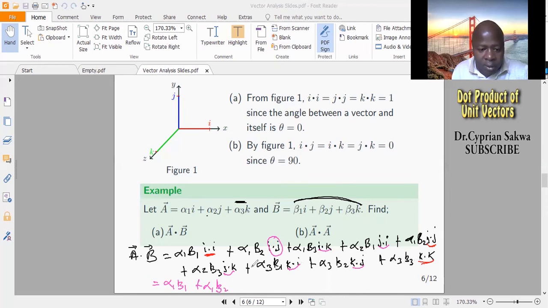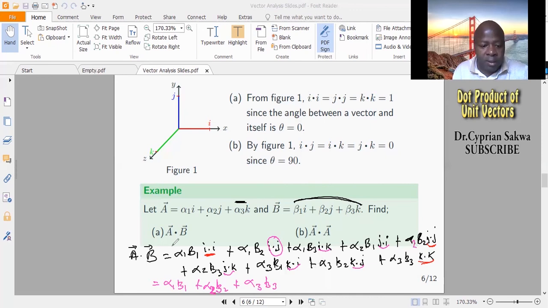Just a minute, this was alpha 1, we came up to here. This was alpha 2. Alpha 2 beta 2. Then this will be alpha 3 beta 3. The rest go to 0.